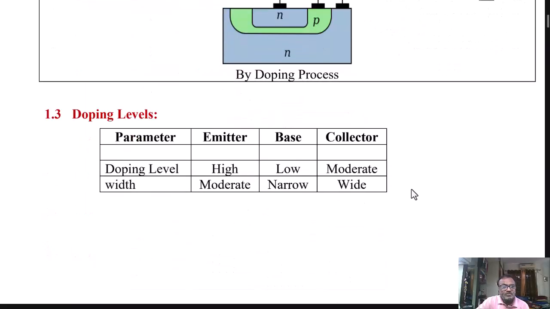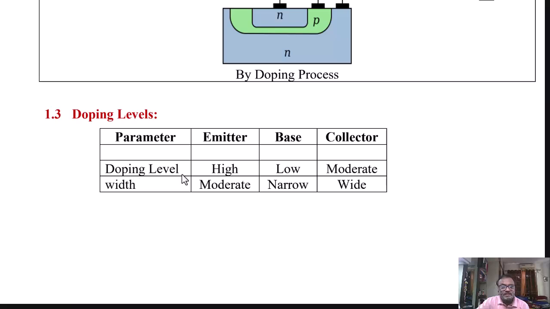We will see the doping levels that are kept for NPN and PNP transistors. Here the first column indicates the doping level and the width of various regions. The second column indicates the emitter, the third column the base, and the fourth column the collector.